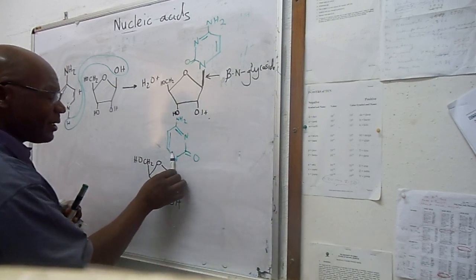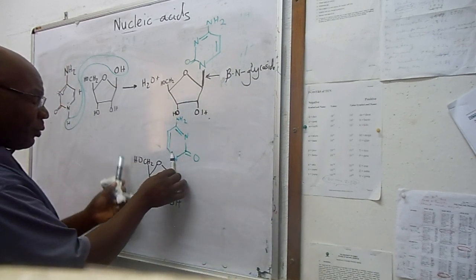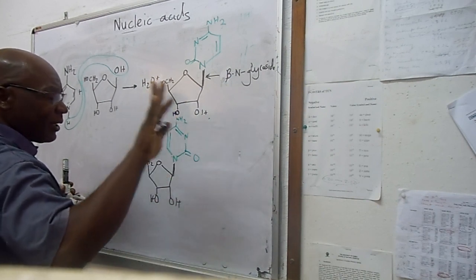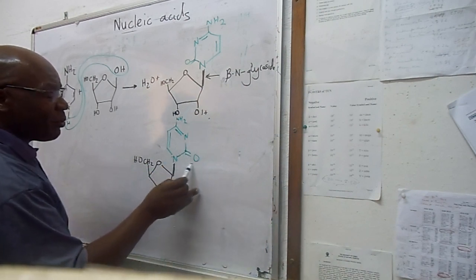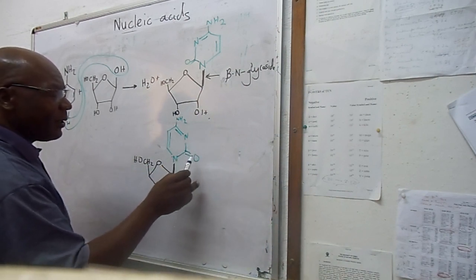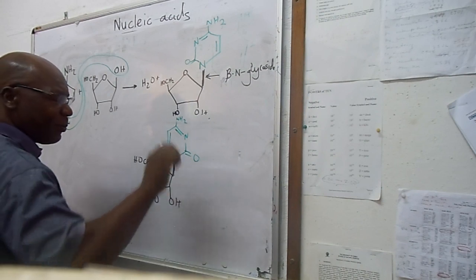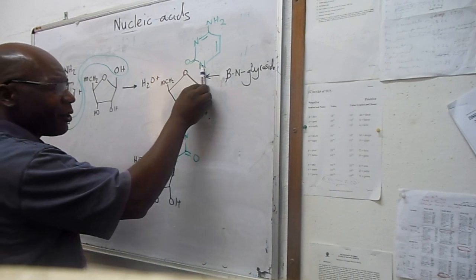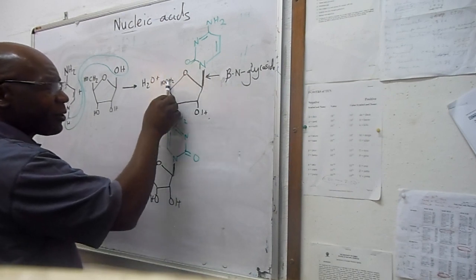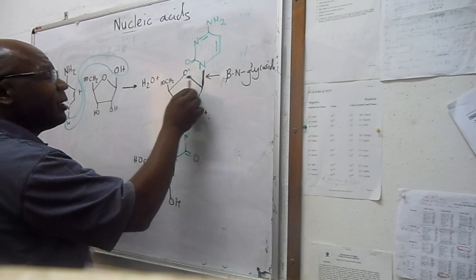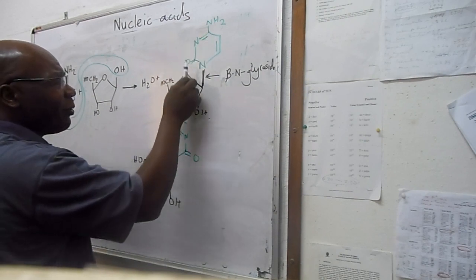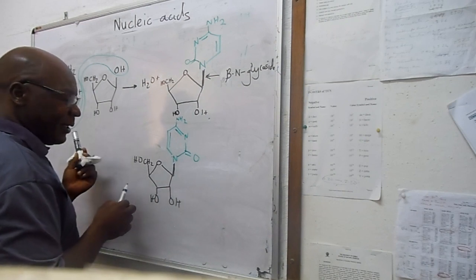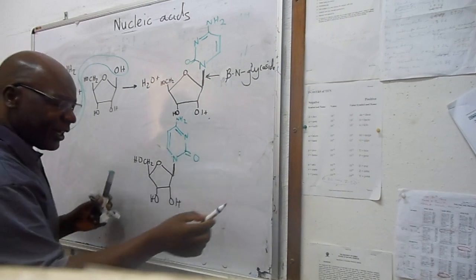Or you can use the oxo as a reference point. The oxo for the pyrimidine is pointing to the right. If you look at this other one, the terminal hydroxide is pointing to the left, and the bulk of the molecule, or the oxo group, is also pointing to the left. They are all pointing to the same side. Here, they are pointing to different sides.